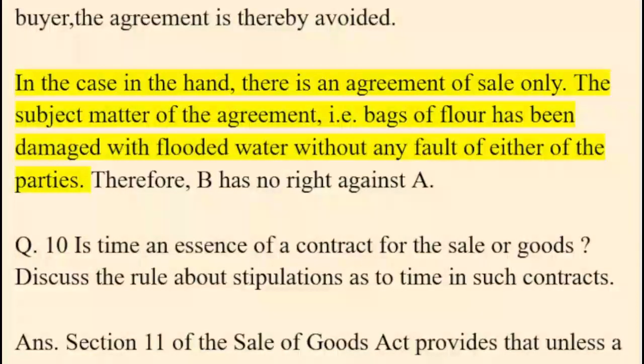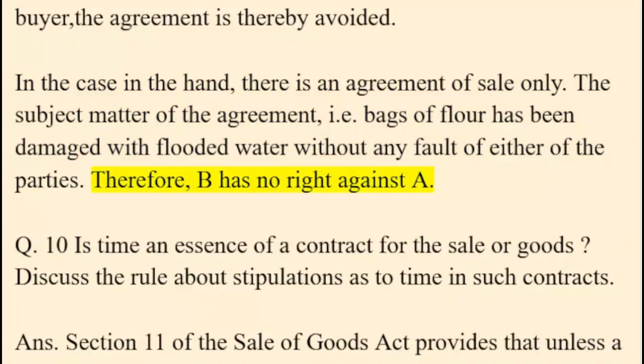In the case in hand, there is an agreement of sale only. The subject matter of the agreement, i.e. bags of flour, has been damaged with flood water without any fault of either of the parties. Therefore, B has no right against A.